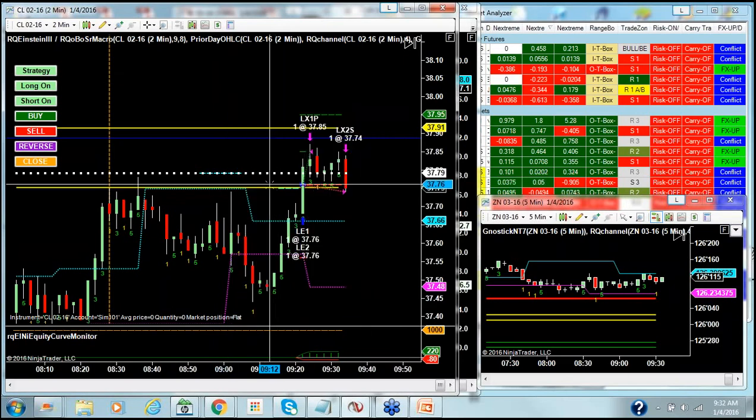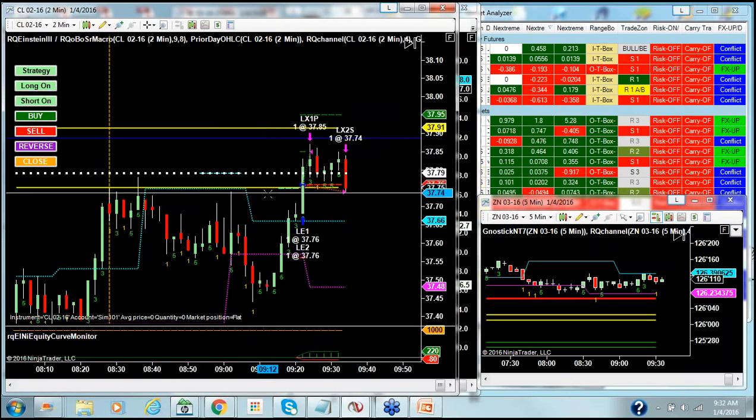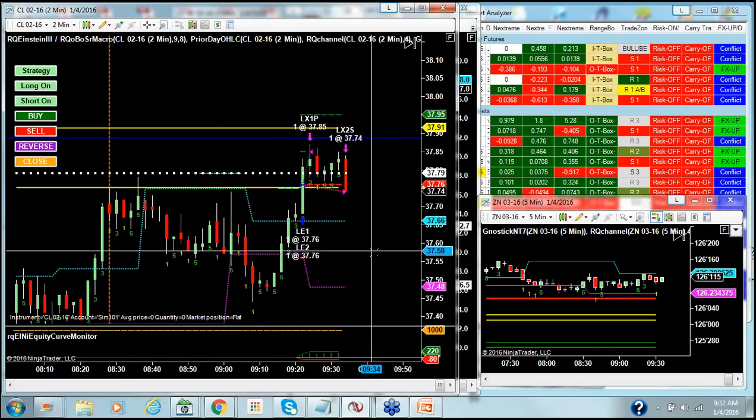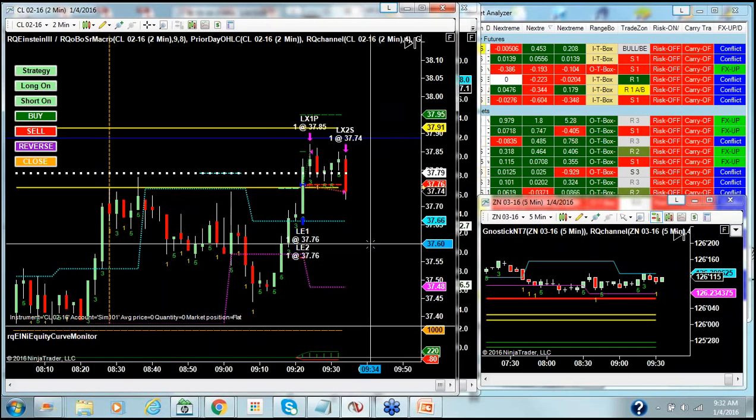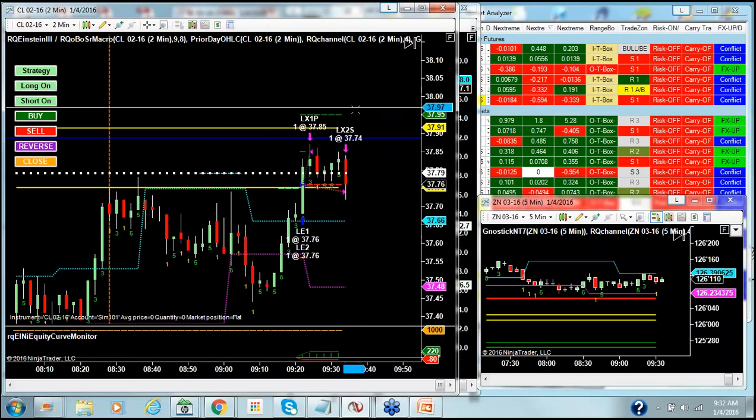Those dotted red lines is where the order was at 76, and it looks like we got 74. So we got 2 tick slippage. So we made 9 ticks on the first, lost 2 ticks. So not great. 7 ticks, but at least we were in it if it would have continued higher.